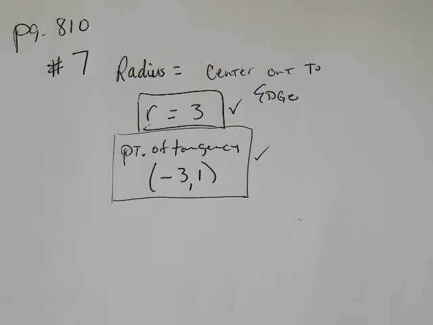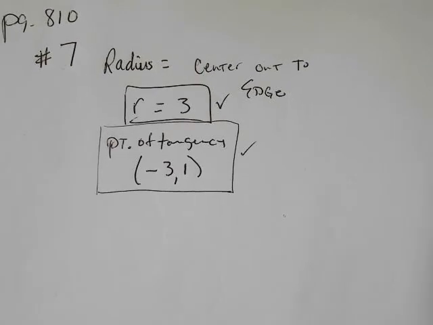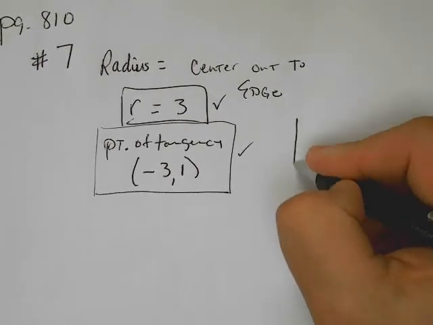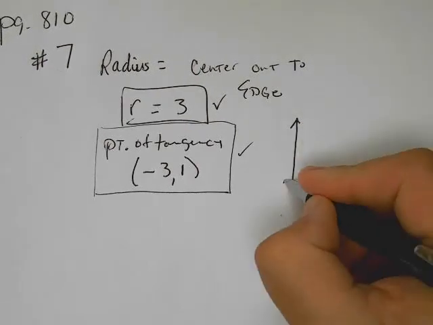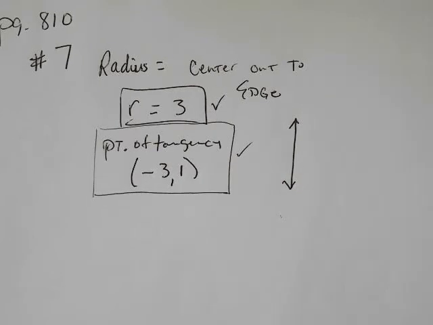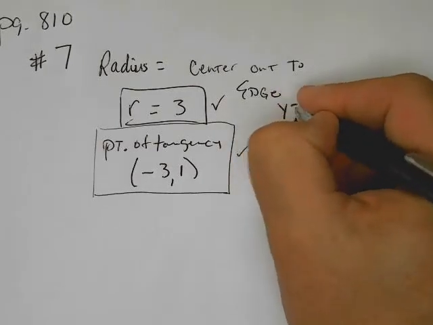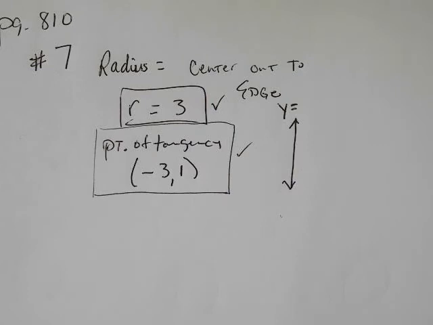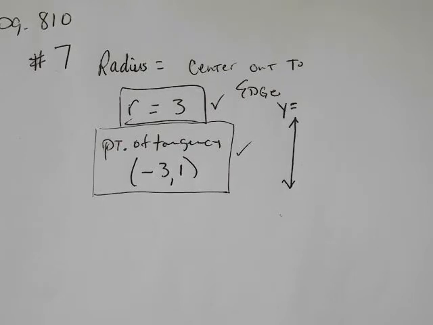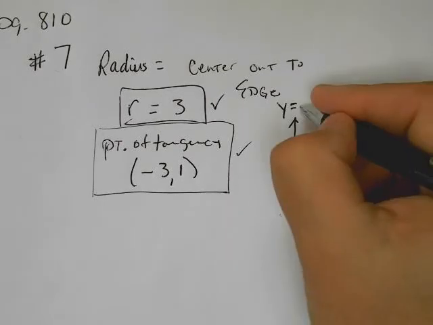Okay. And then the last thing I want to find is the equation of the line. Well, we have a vertical line. Back from algebra, whenever you have a vertical line, it's just y equals wherever it crosses the coordinate. So look at it carefully. Is that -3? -4? Where is that? -3.